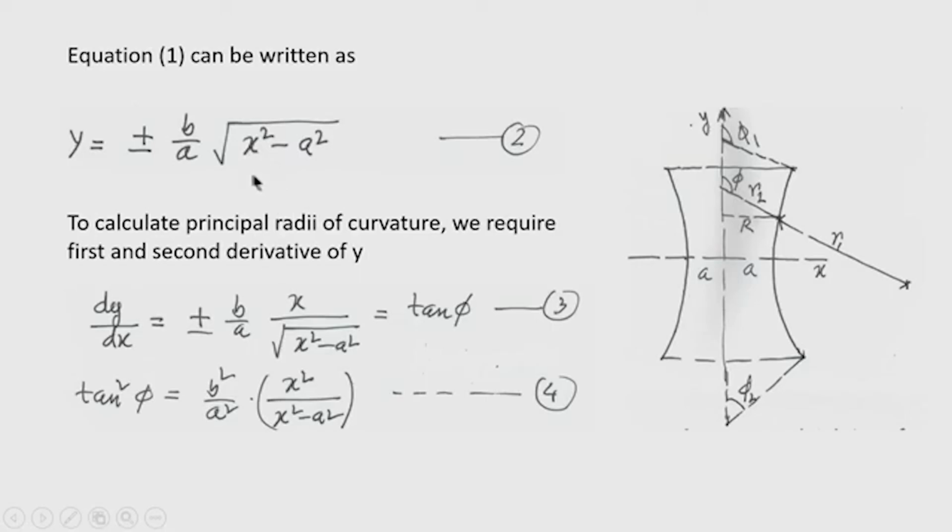Ultimately, cancelling 2 from both numerator and denominator, we obtain dy by dx equal to plus minus b by a, x divided by root over x square minus a square, and dy by dx is given as tan phi. Okay. So, tan square phi can be obtained from this equation. Tan square phi is b square by a square into x square by x square minus a square.